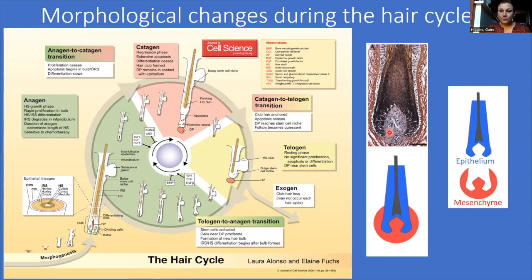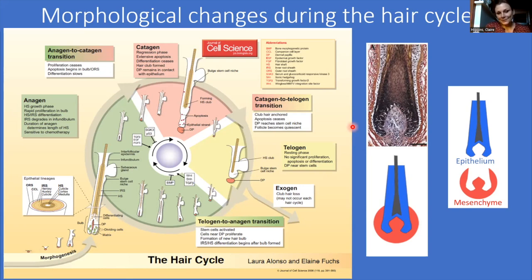As the hair follicle goes through this continuous cycle of anagen, catagen, and telogen, there have been really well documented changes that occur within the epithelial portion of the hair follicle, quite dramatic changes in the morphology.